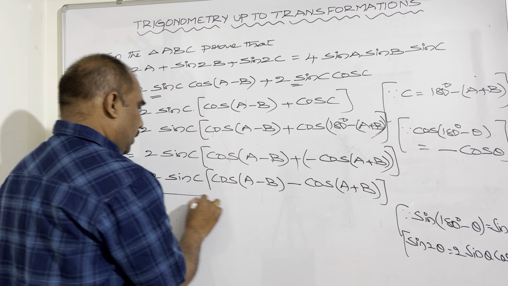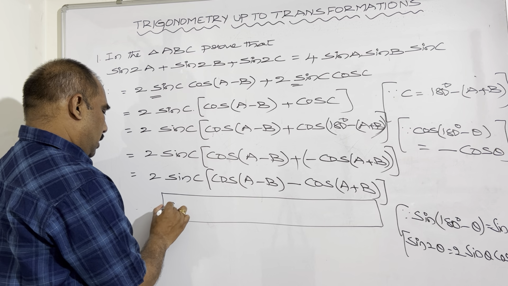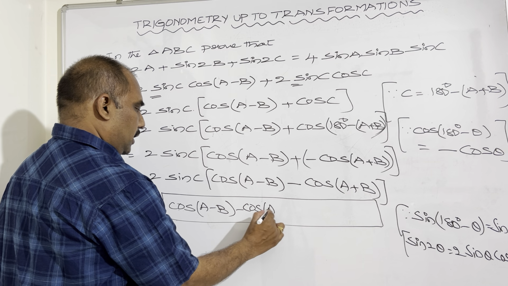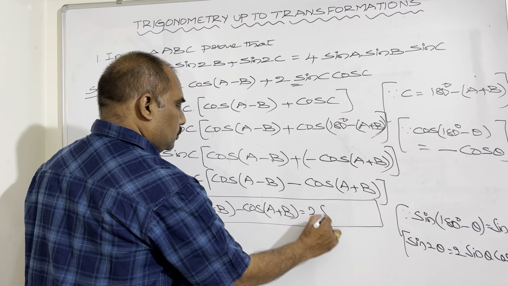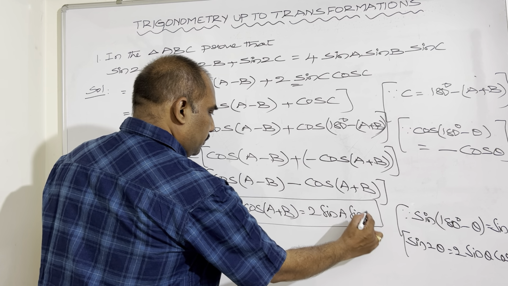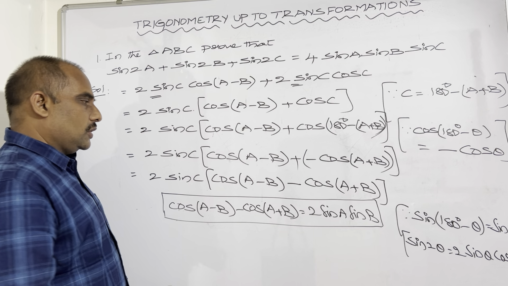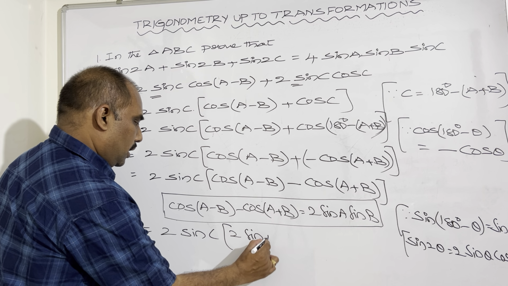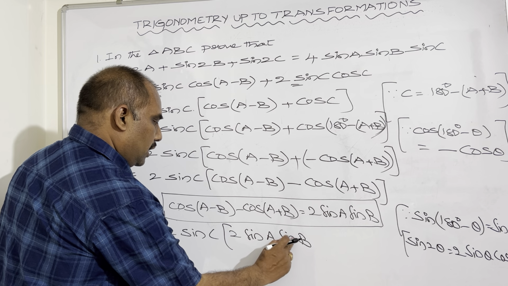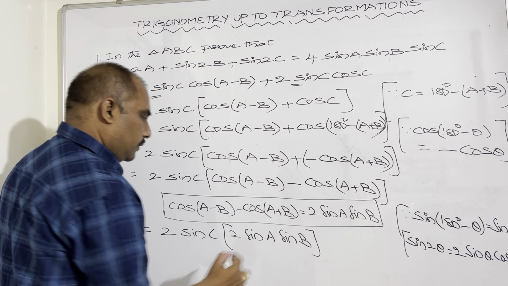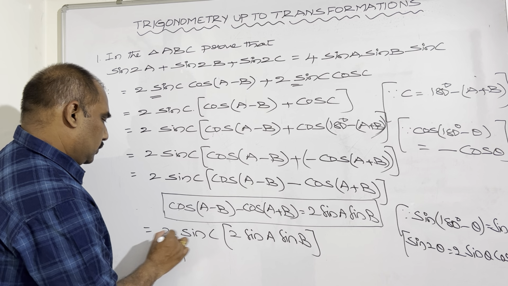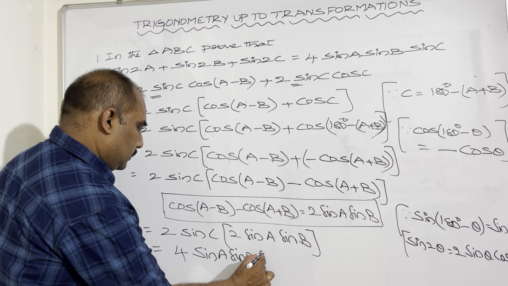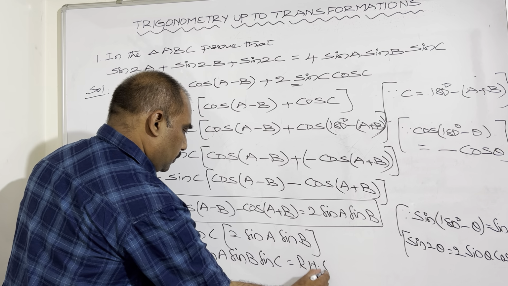Now we have the standard formula: cos(A - B) - cos(A + B) = 2 sin A sin B. Replacing this, it becomes 2 sin C into 2 sin A sin B. Finally, 2 into 2 is 4, so we get 4 sin A sin B sin C, which is the RHS.